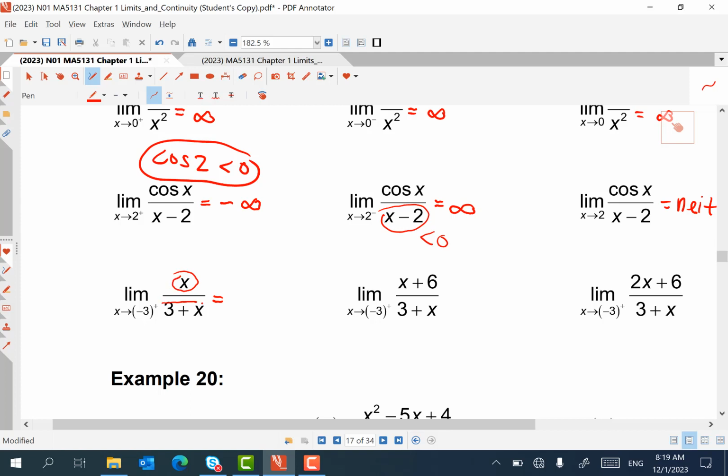And the denominator is positive, and a very, very small number. So it results in a negative infinity. And for the next one, when x approaches negative 3 plus, this is always positive, and this is also positive and very small.